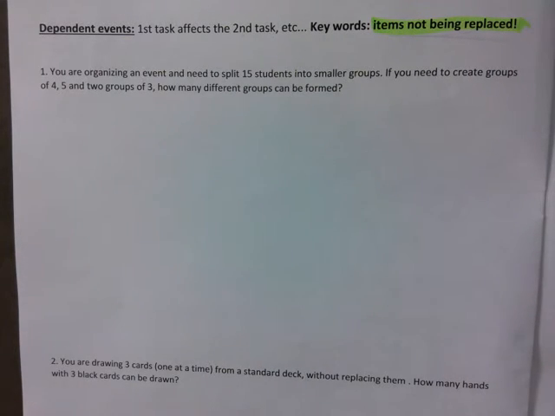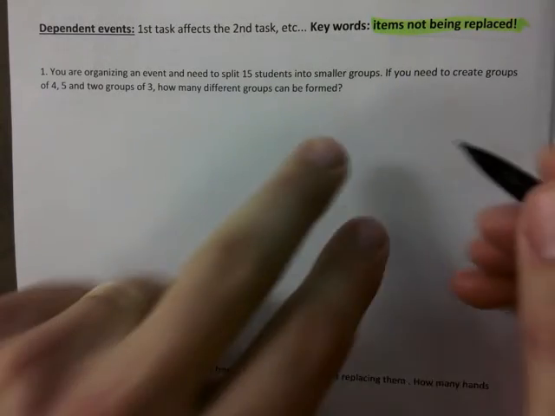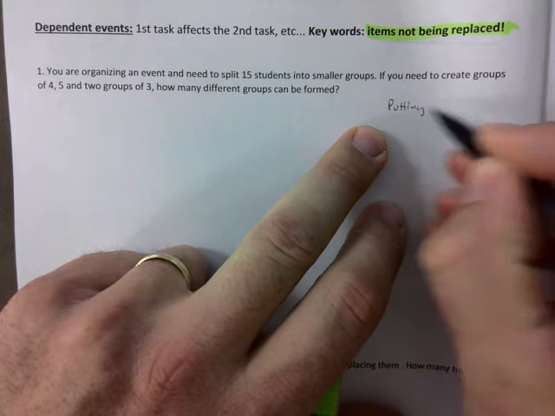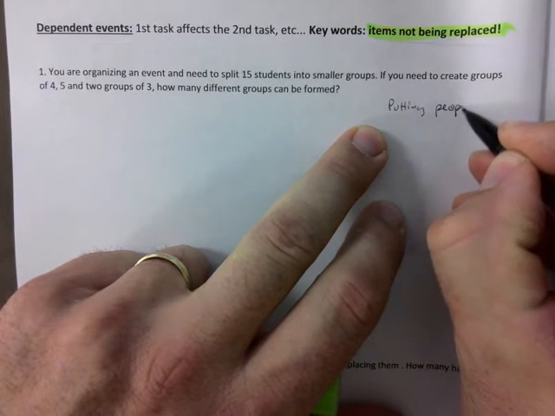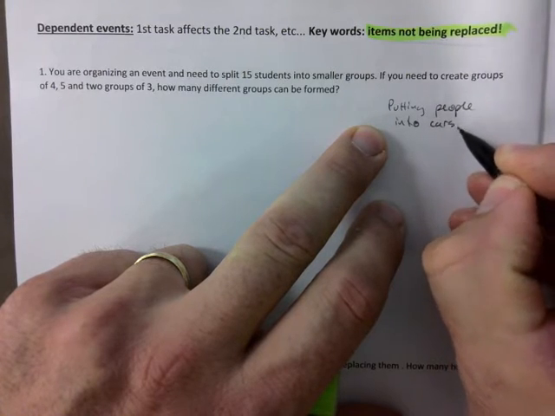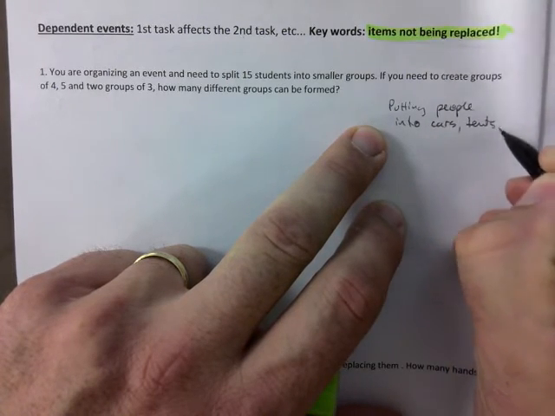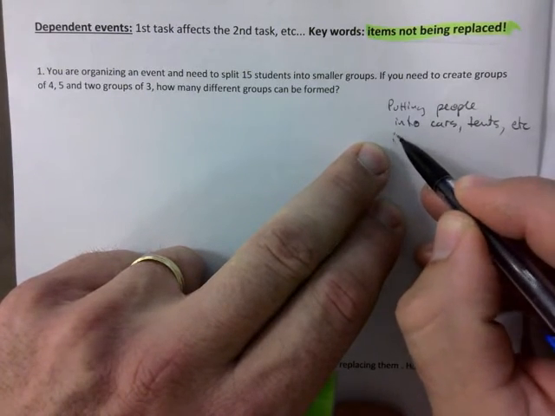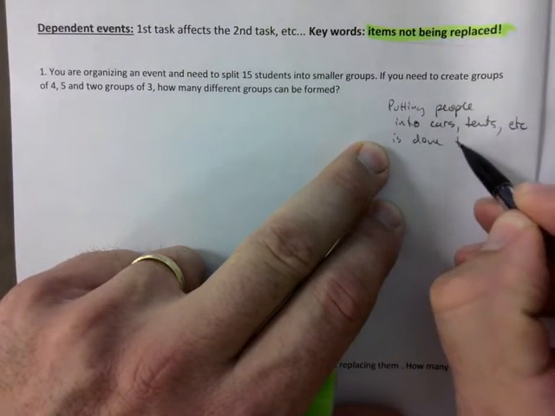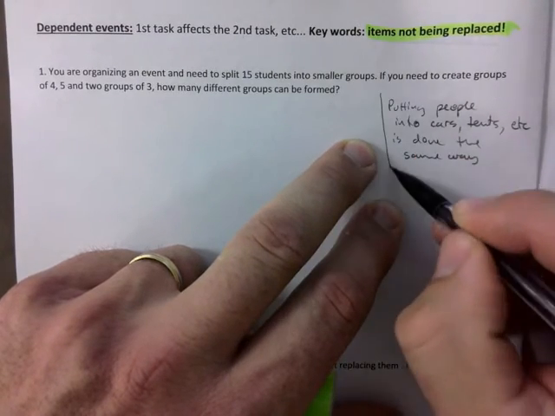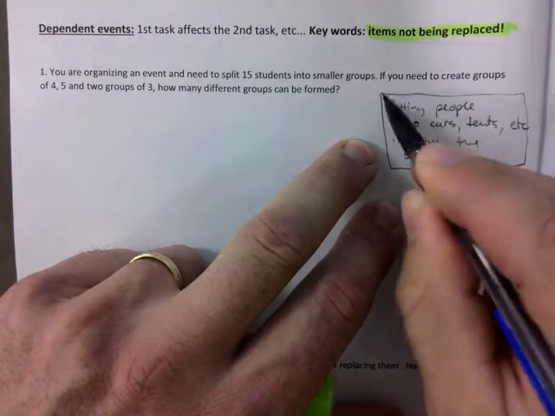One car can hold 4 people, one 5, and so forth. It's the same thing. So putting people into cars, tents, etc. is done the same way. Okay, I'll put that on as a note on the side here.